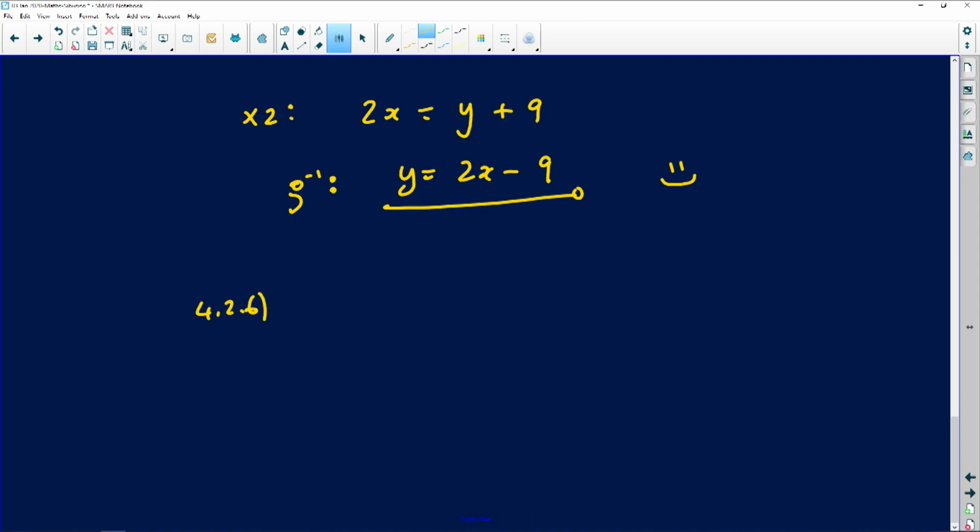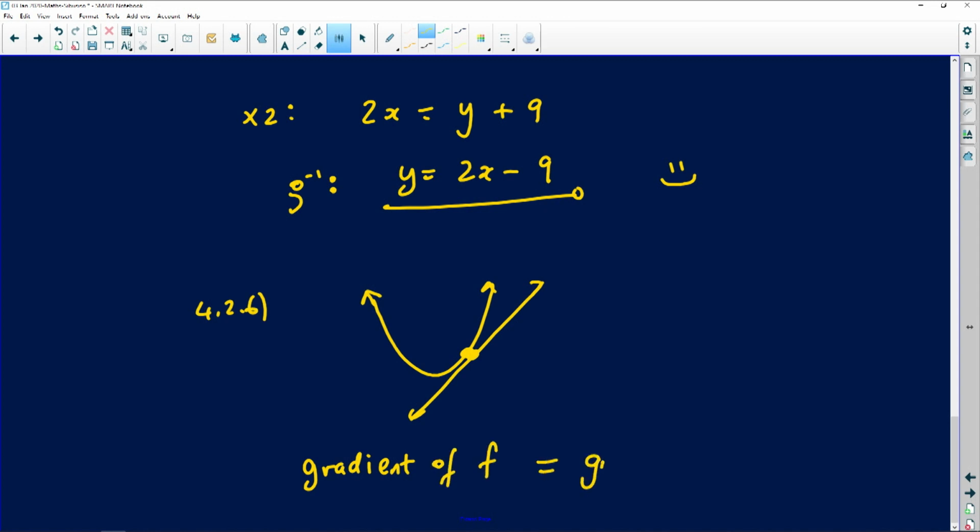4.2.6. If you're dealing with a graph which is a quadratic function, and its tangent at the point of contact, what is true between them is that the gradient of the graph of f will be the same as the gradient of the graph of h. They have the same gradient. They're calling it h, so that's actually what is going on.